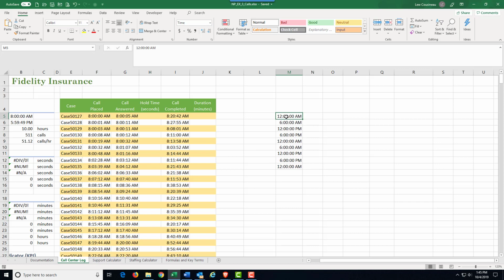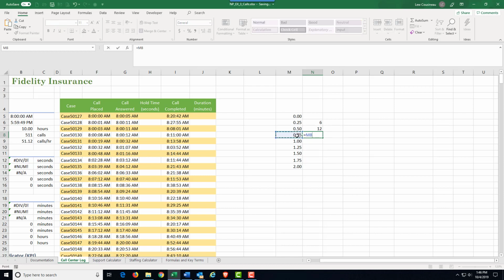So the bottom line is, let me turn this back into numbers. Time is just a fraction of a day. Another way to look at this is, if I take that 0.25 and multiply it times 24, it's 6. And if you remember, when that was a time, it was 6 a.m. What is 0.5 times 24 hours? 12 p.m. Now it gets a little goofy right here.